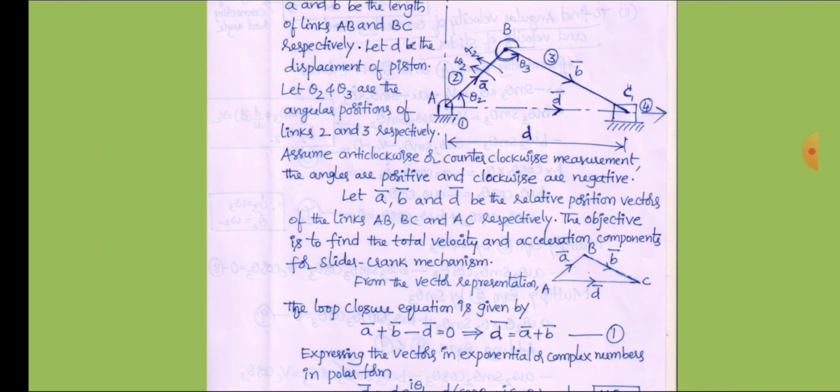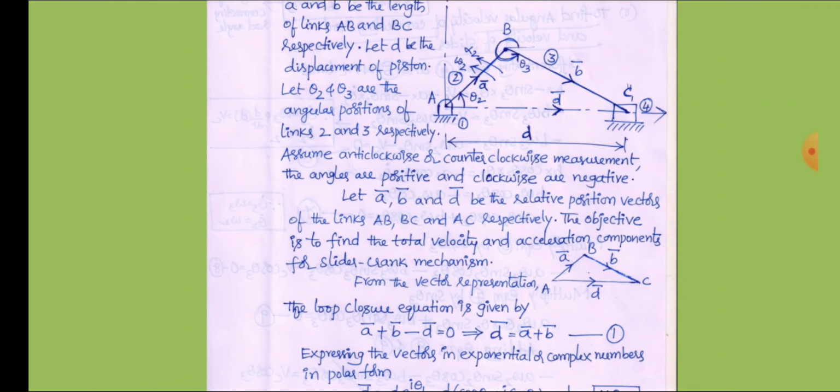This method of finding velocity and acceleration is also called Raven's approach. Now, first let us consider a slider crank mechanism in a plane having the horizontal axis as the real axis and the vertical axis as the imaginary axis.